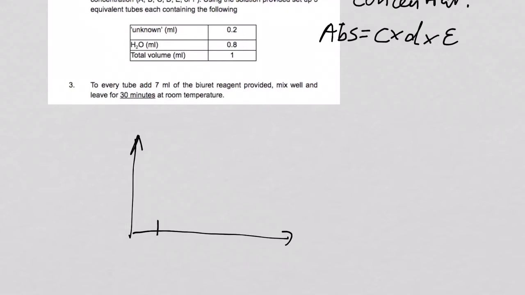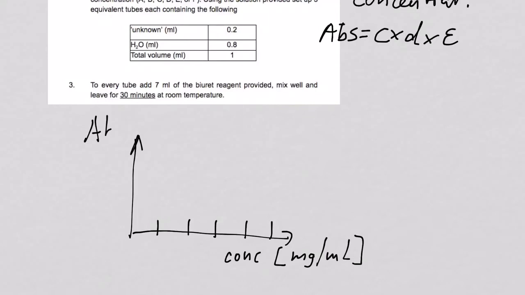So, for example, if we have on the x-axis defined concentrations of protein, and this could be, for example, in milligram per milliliter. That's a perfectly valid concentration. And we measure the absorbance for these well-known concentrations.